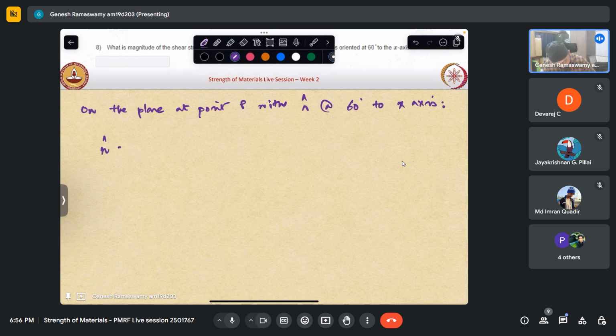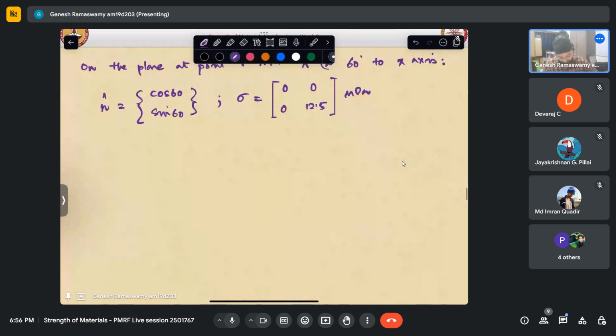We have the normal as (cos 60, sin 60). We have the stress tensor at point P as [0, 0; 0, 12.5], which we calculated as the first question.